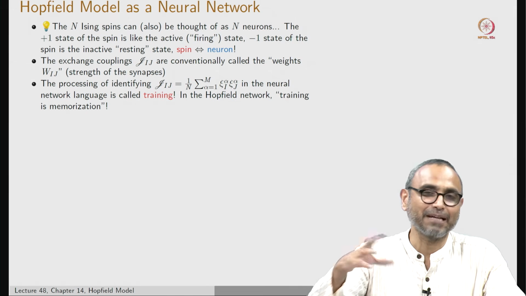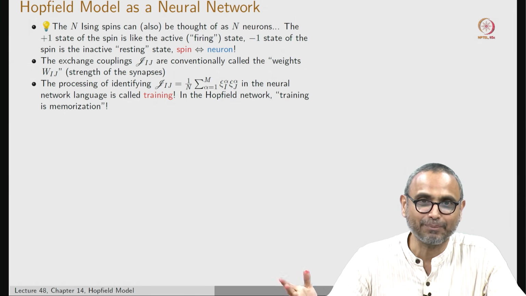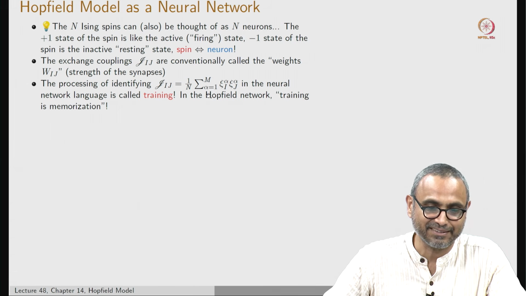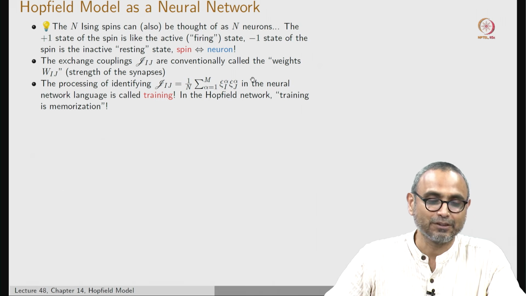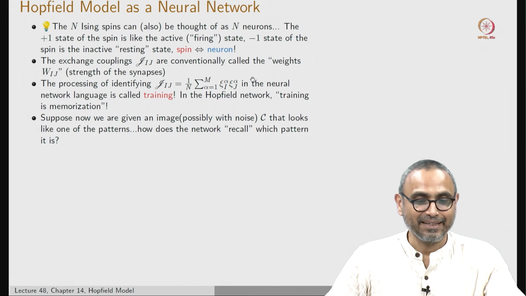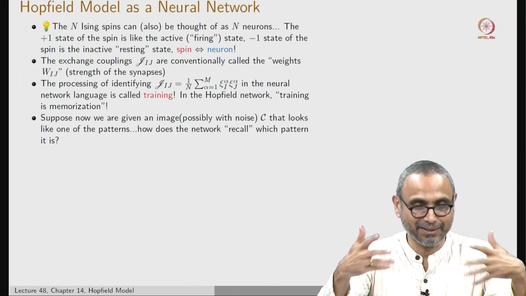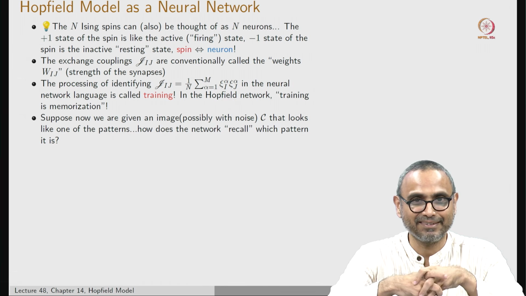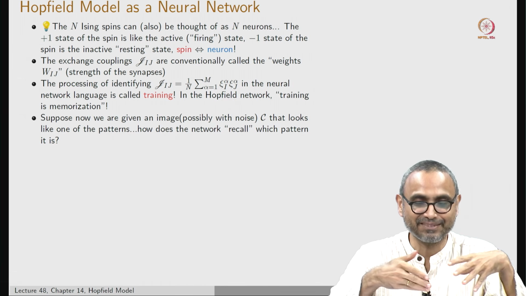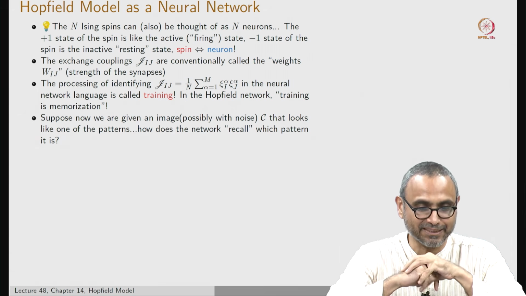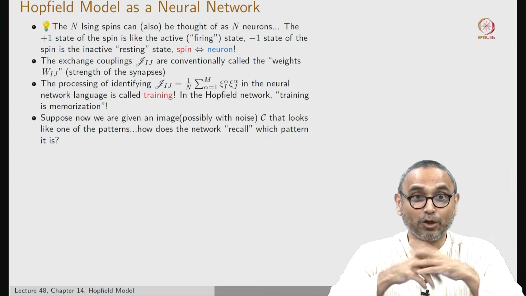Once you tell me the patterns, the network is automatically trained by this construction. So now we have training. Now what is the use of this? I have created some network, and I have these weights which are Jij, or the exchange couplings in the Ising language. What do I do with it?